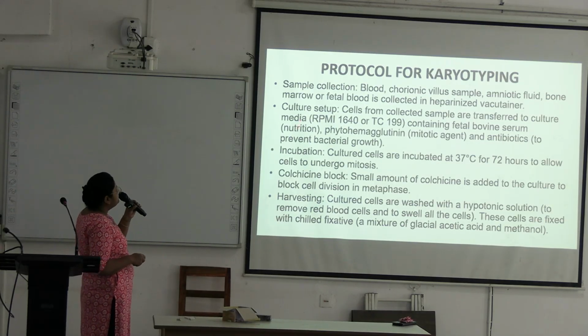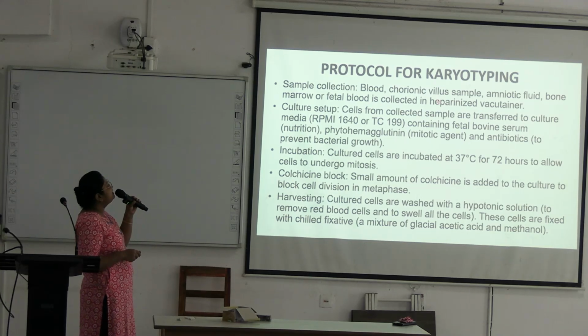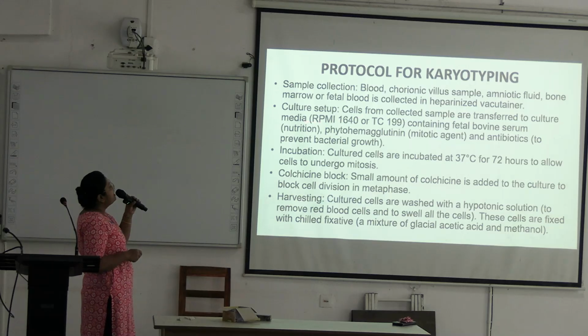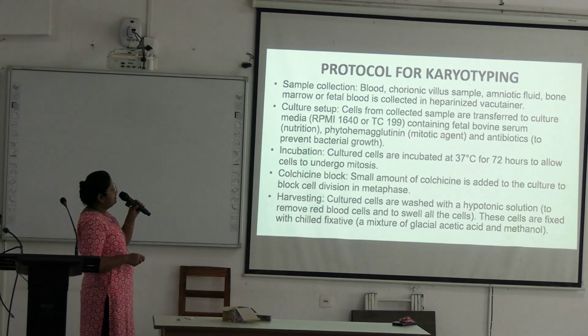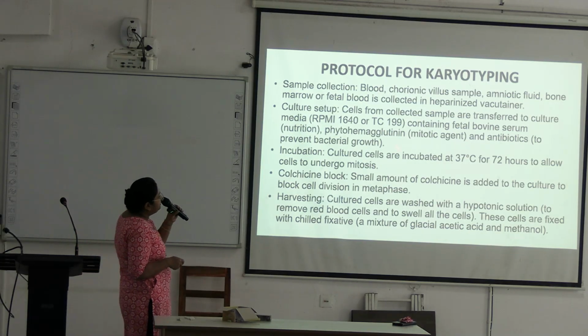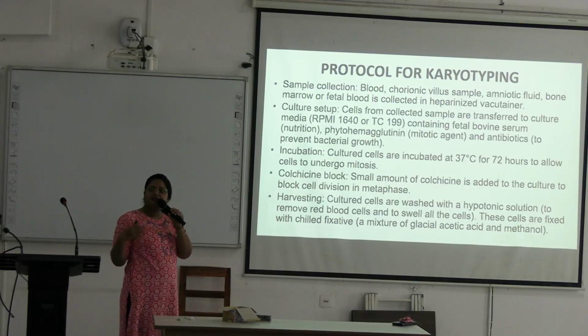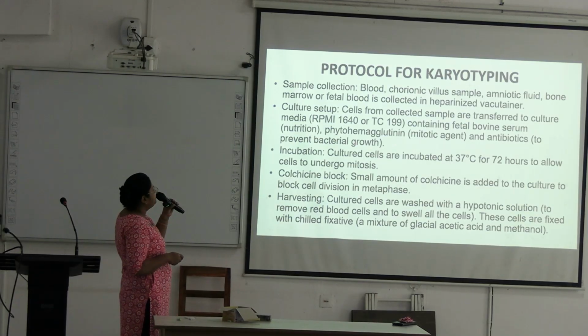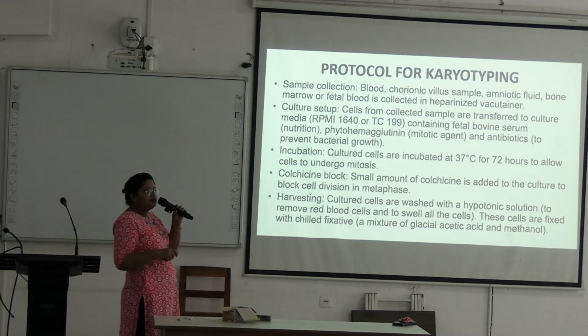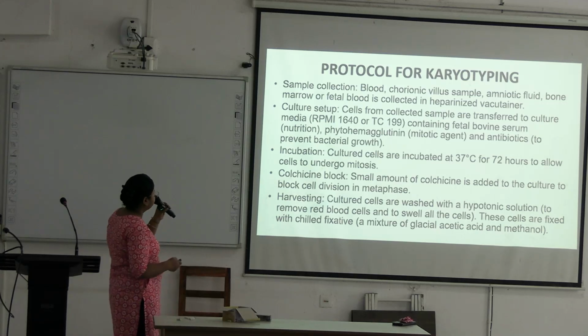Then culture setup: cells from the collected sample are transferred to the culture media RPMI 1640 or TC199 containing fetal bovine serum as a nutrition in the culture medium. And this is the mitotic agent, it helps in cell division, induces cell division. The mitotic agent is phytohemagglutinin, and antibiotics are added to prevent bacterial growth in the culture medium.